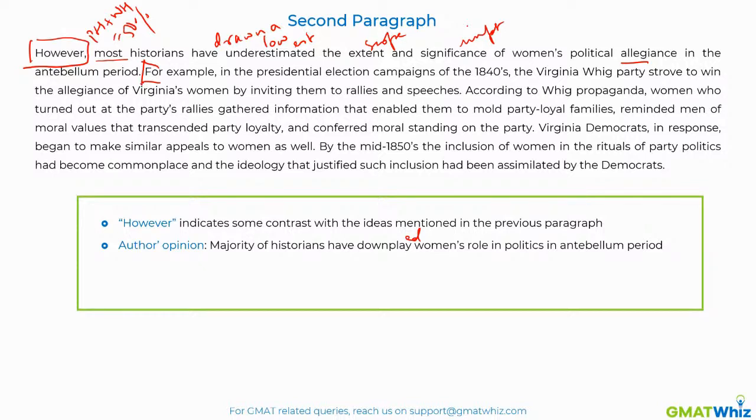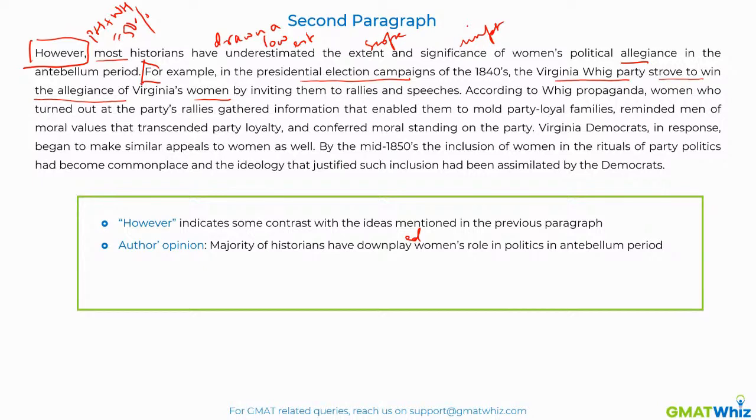Probably for that. And when we read on, we find that that is exactly what the author is trying to tell us. The author is saying in the presidential election campaigns, the Virginia Whig Party strove to win the allegiance of women. If you are a political party trying to win the allegiance of some person, women or men, what are you trying to win, guys? Allegiance? At best, what are you trying to win? In one word? So this is how the context will provide you meaning for allegiance.